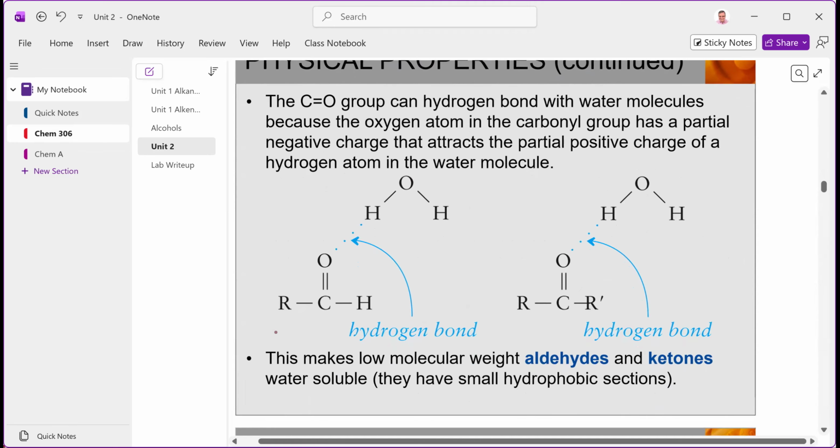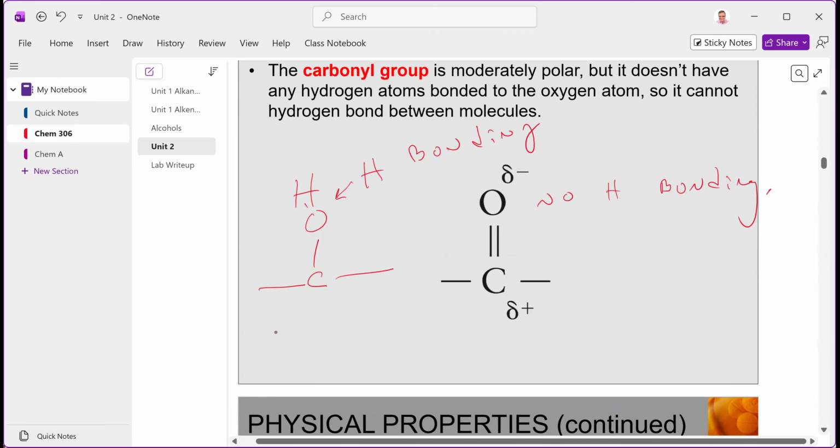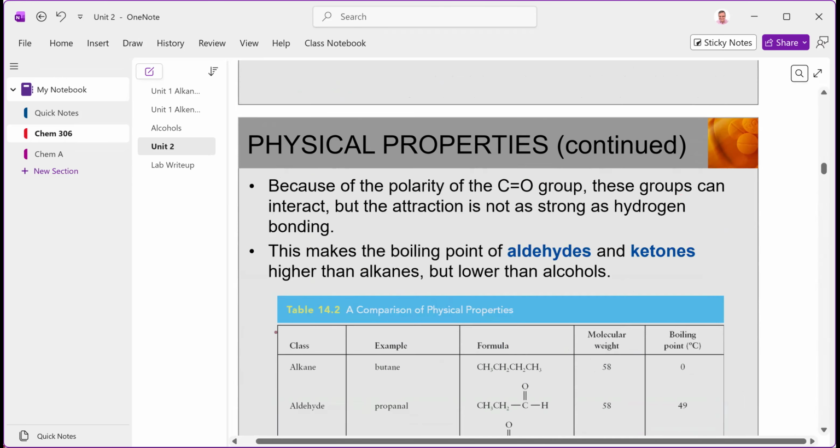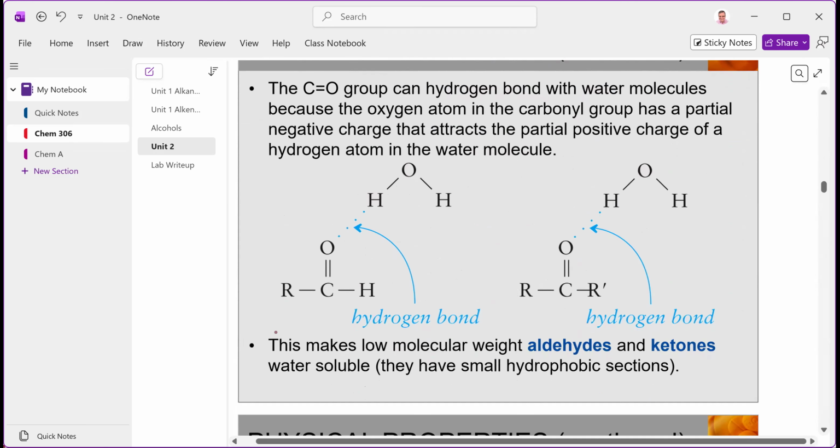Now this is slightly negative. So this being slightly negative, and this being slightly positive, this is where the attraction occurs. That's why ketones and aldehydes are fairly soluble in water.